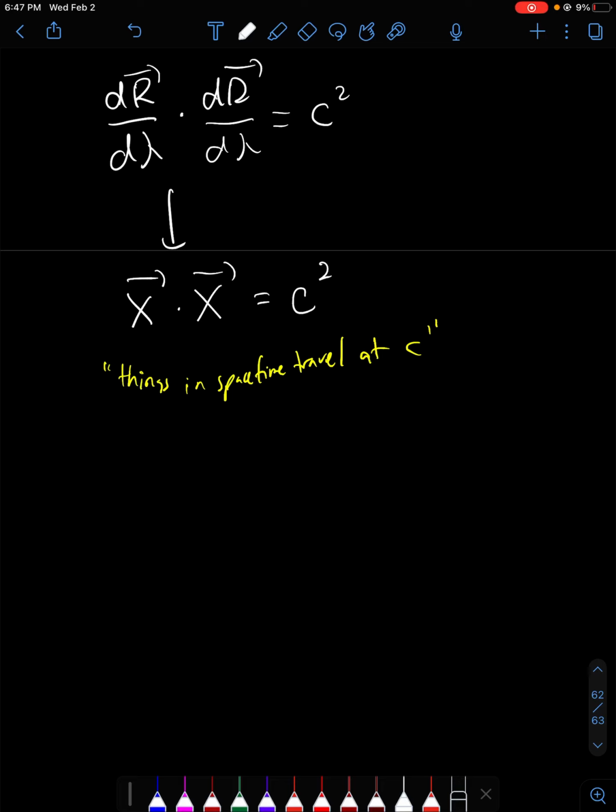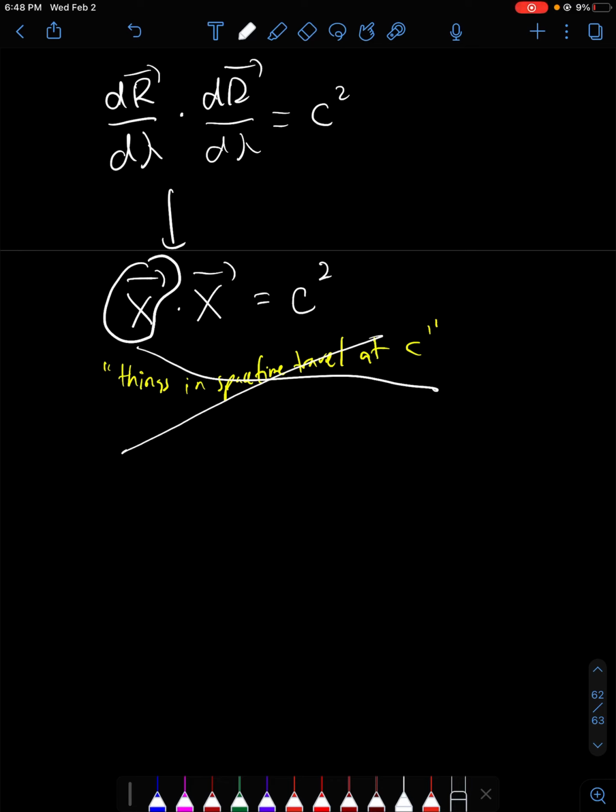So this is why you see some people saying that we all travel at the speed of light, but this of course isn't really correct to say, because remember that this x vector does not represent the velocity of a particle, nor even velocity through space-time.